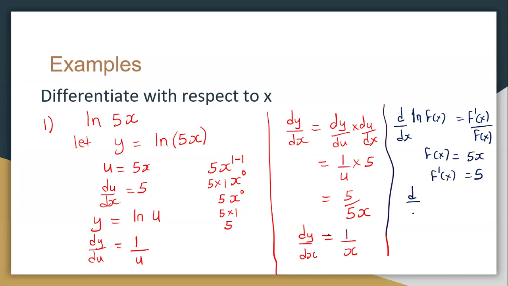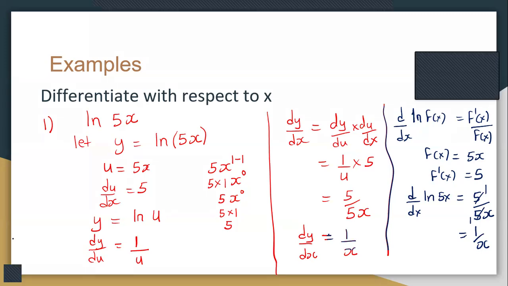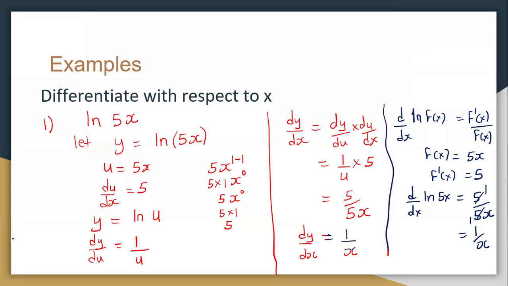So d/dx of ln 5x is f', which is 5, divided by the original function, which is 5x. 5 over 5 is 1, so you remain with 1 out of x. That is the other approach you can use, and you still end up with the same answer.